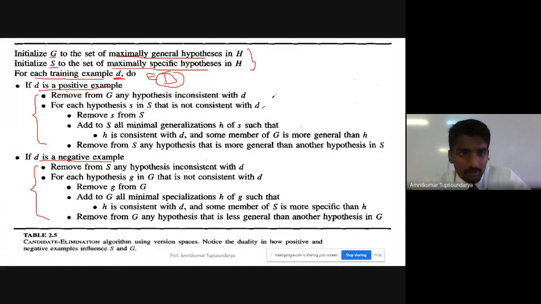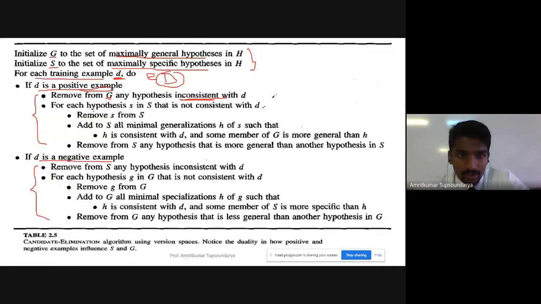So let's say we have a positive training example at the first instance. When we encounter this positive training example, we have to remove a hypothesis from G which is inconsistent, right? G is our most general hypothesis. So when we encounter a positive example, we remove a hypothesis in G which is inconsistent, right?